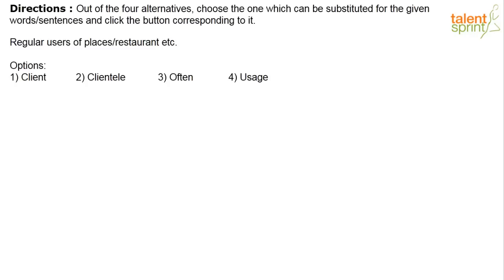If you look at this one, it says regular users of places, restaurant, etc. And the options are client, clientele, often, and usage, right? From the options, what do you think is the clue from the context for you to identify what the right choice is?